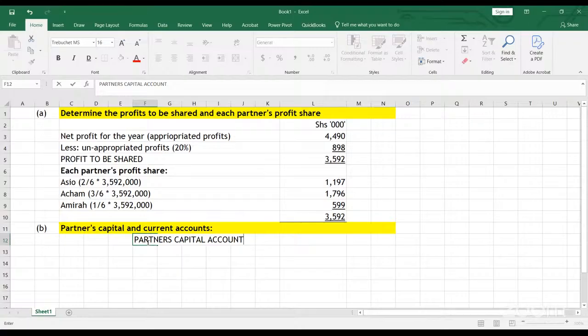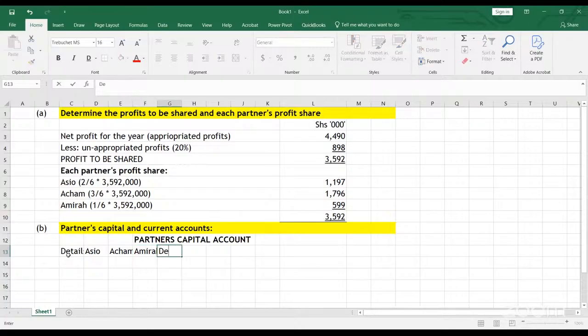In this account, you have to show the details. We have to show the partners, that is Asio, Acham, and then Amira.